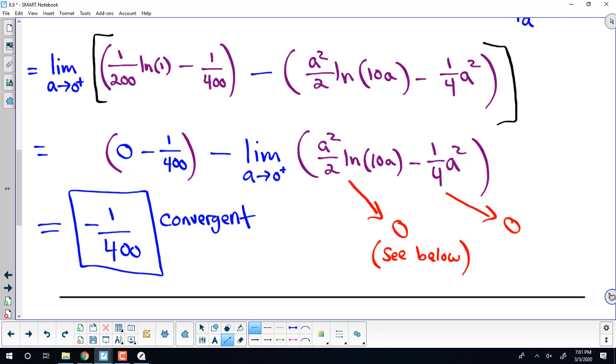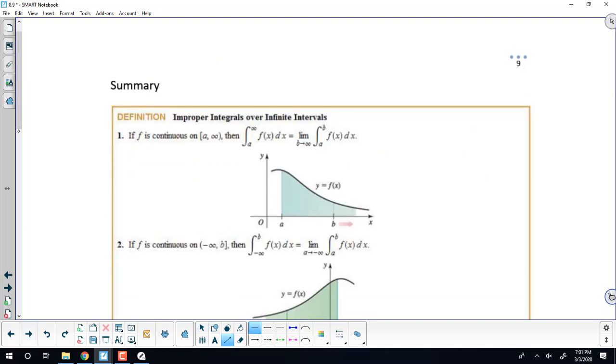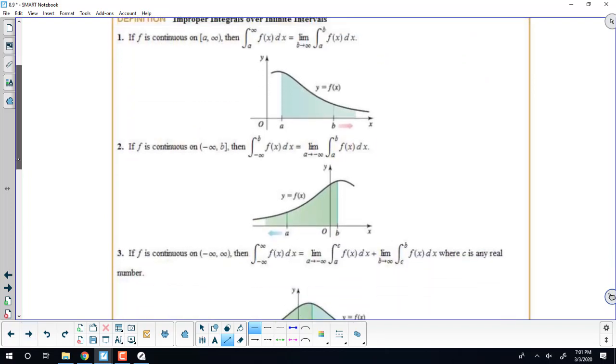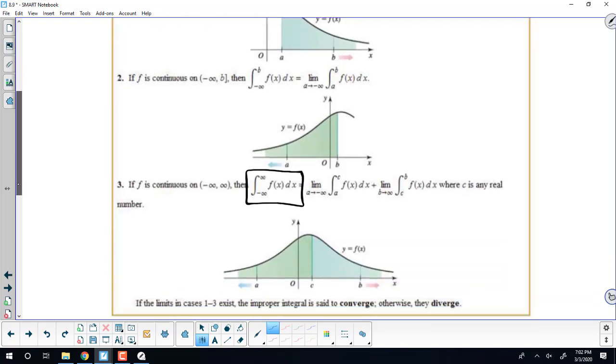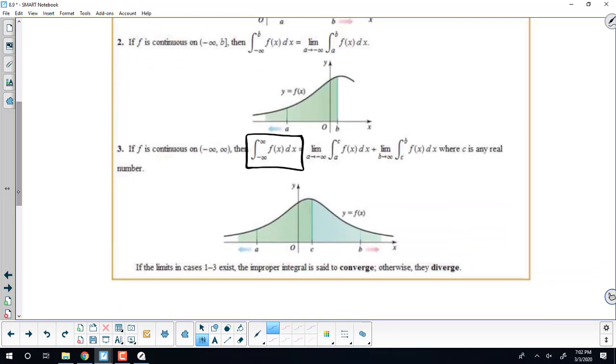Yeah, and the last page is just a summary. What we didn't see were situations where it was the integral from negative infinity to positive infinity. And we don't, but we can handle those as well. You just pick some value that's in between.